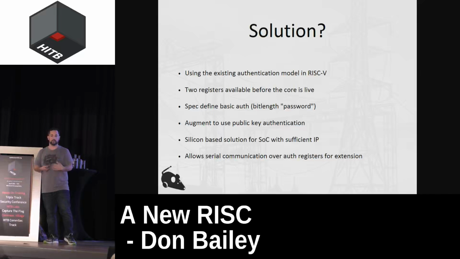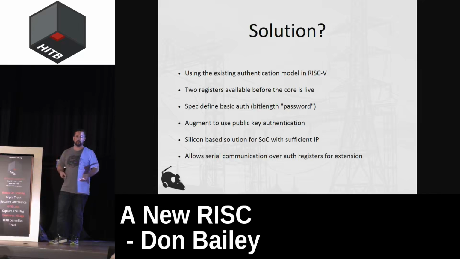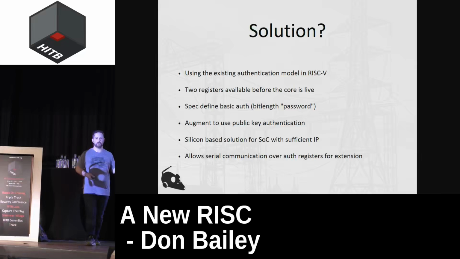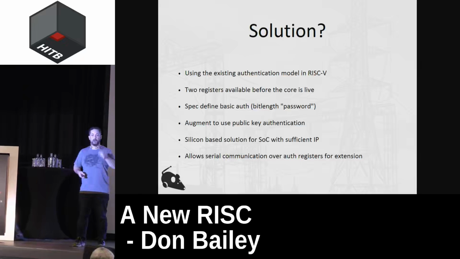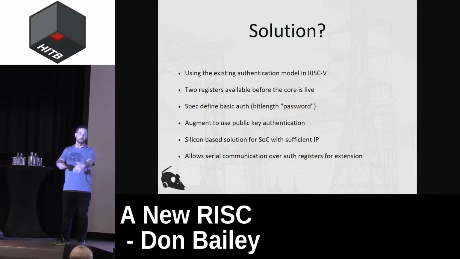And you're basically just writing 32 bits to each of those registers to say, hey, here's what I want to do. So currently you can implement kind of the same password scheme that you would see in other chips. But in this case, the RISC-V way is that you basically load two integers into those authentication registers. And if they're correct, it'll open up JTAG.